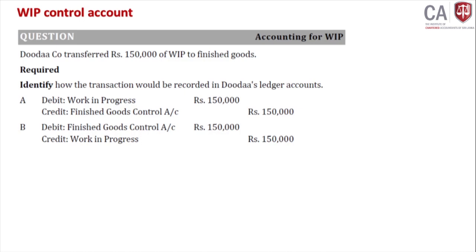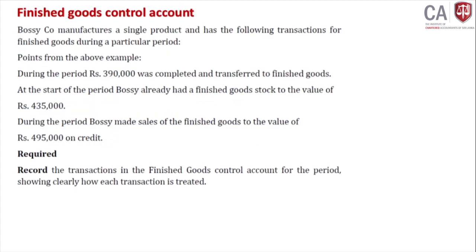Debit WIP වැරදි, WIP එක credit වෙන්න ඕනි. Finished good control account debit 150, credit work in progress. That's the correct answer. So correct answer is what? B. මේ වගේව අහන්න පුළුවන්.